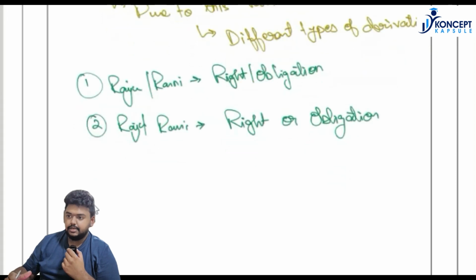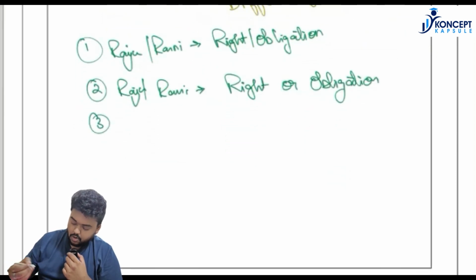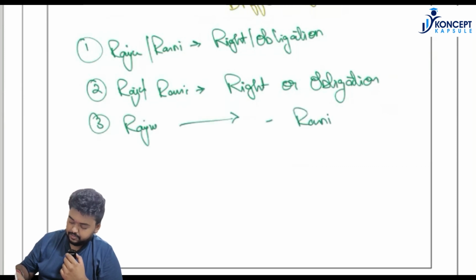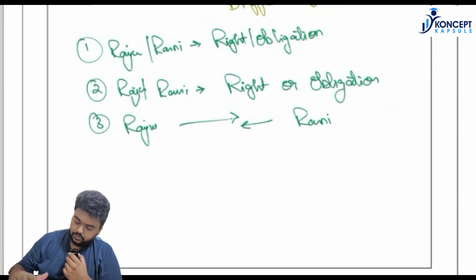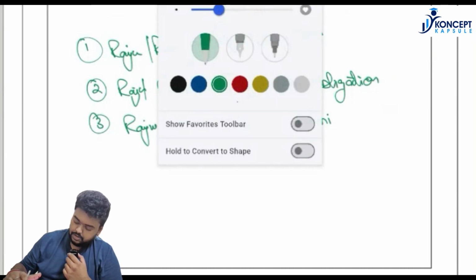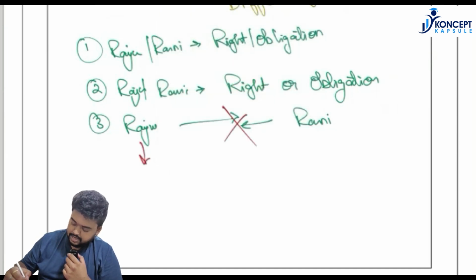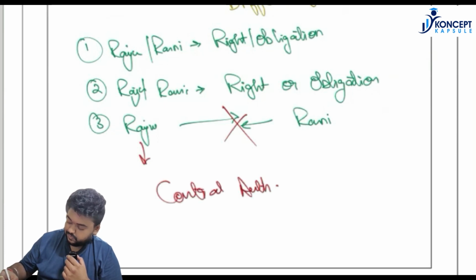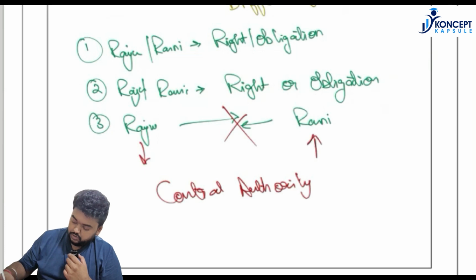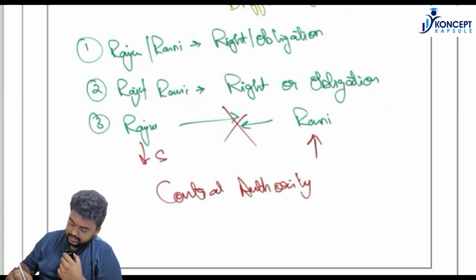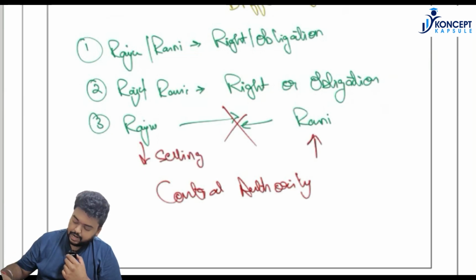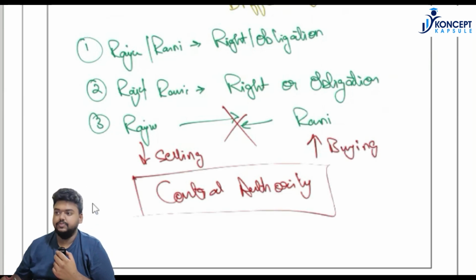We will look at that with another example. Or there can be a contract where Raju and Rani, instead of dealing with each other, are dealing with a central authority. So for Raju, the central authority is selling, and for Rani, the central authority is buying. Correct.